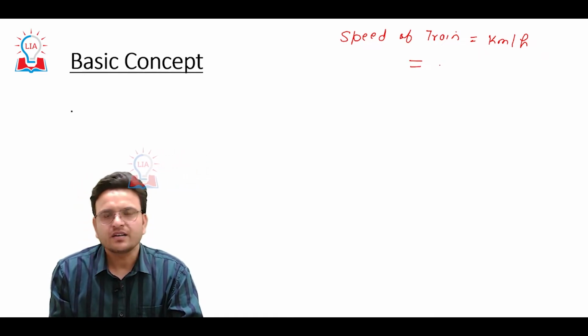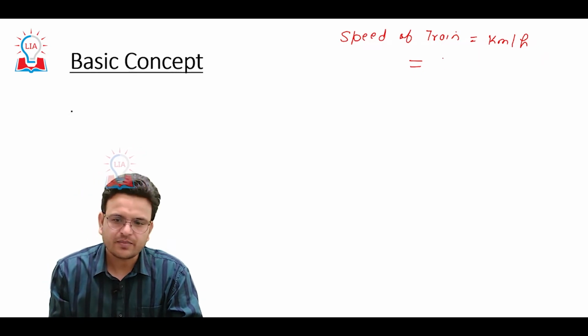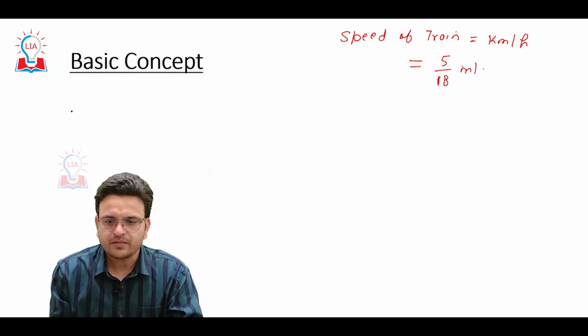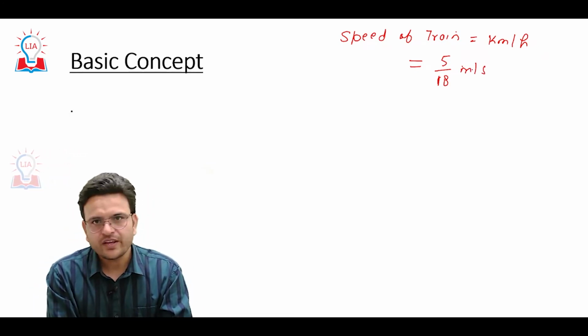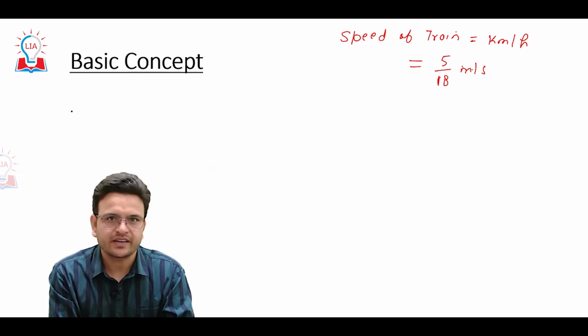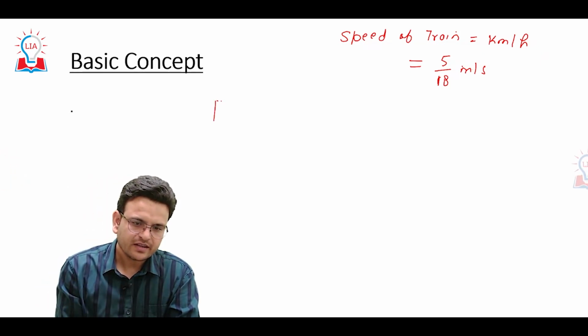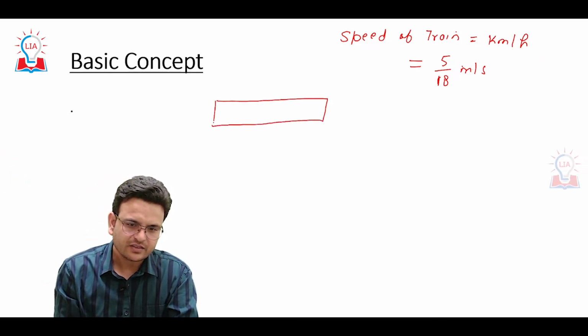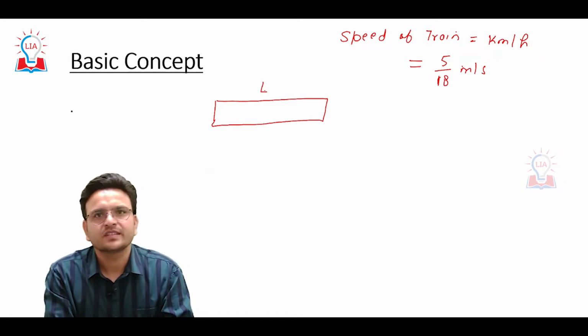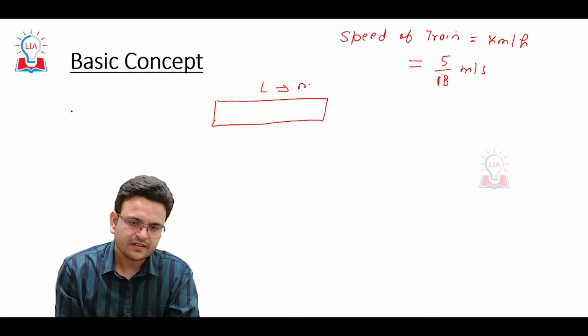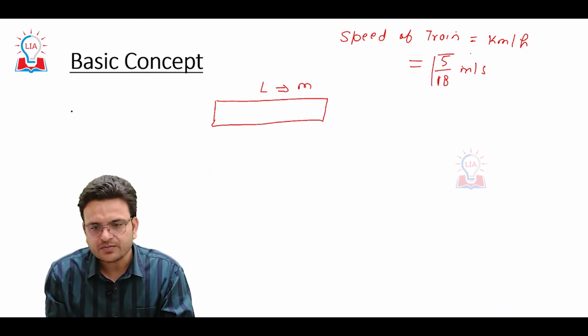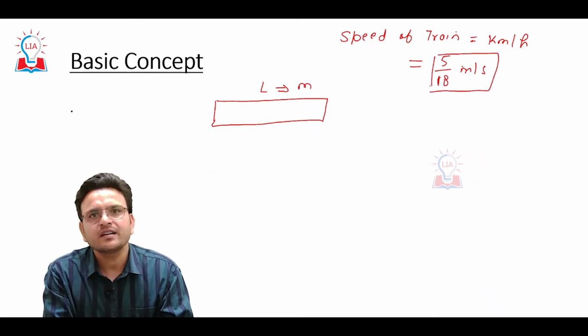Simply, we can multiply by 5 upon 18. Second thing, now we are solving questions on train. A train has its own length, and generally length is given in meters. That's why we have to take the speed of the train in meter per second.